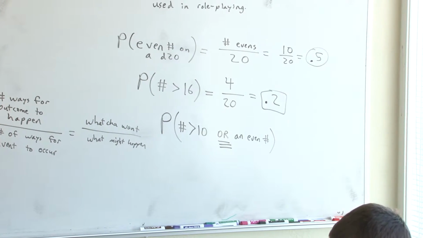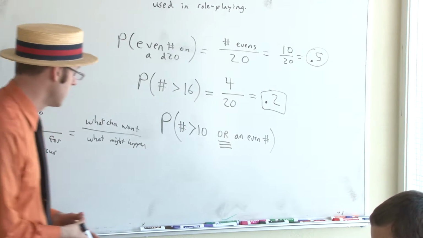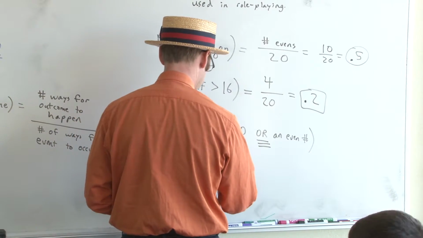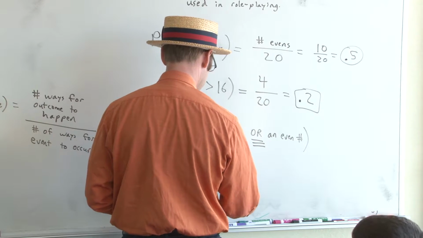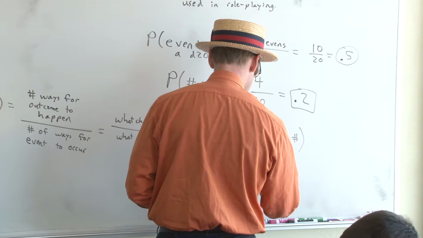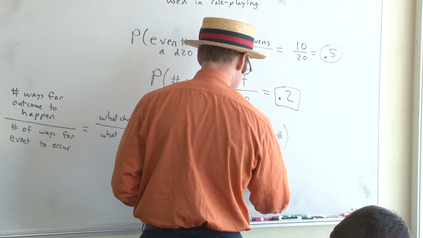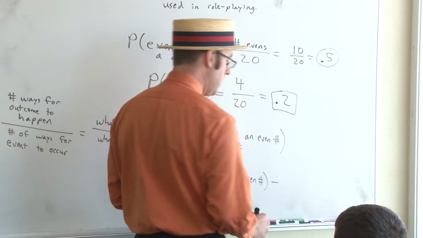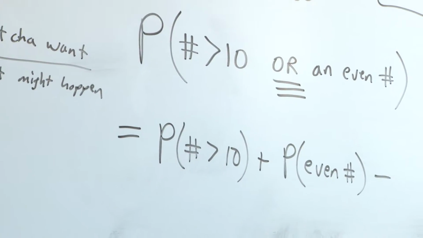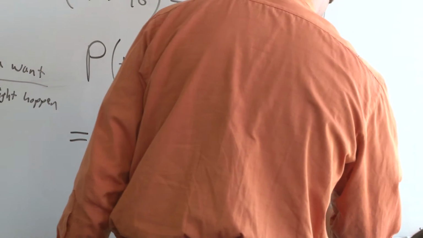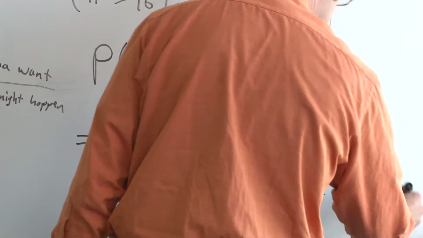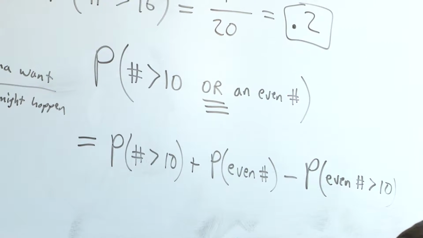When I see this "or," there's a particular way I go about dealing with it. I can break this up into the probability of getting a number greater than 10 plus the probability of getting an even number, and then subtracting off the intersection of those two outcomes: the probability of getting an even number greater than 10.